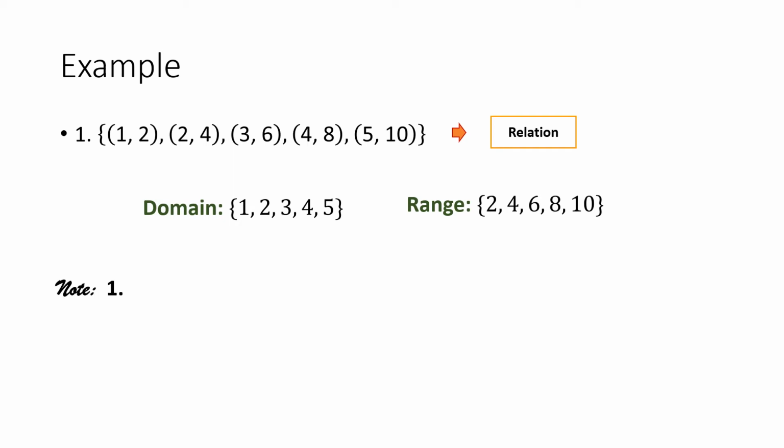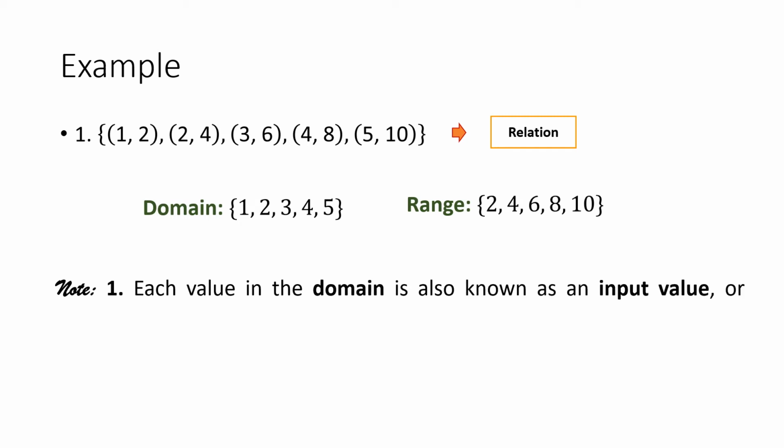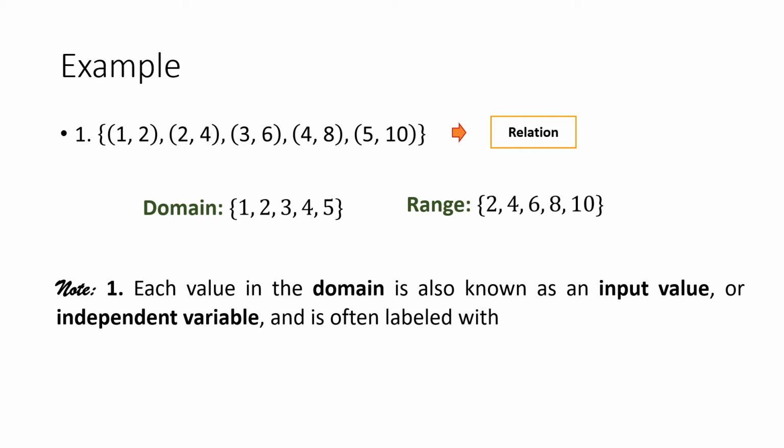We have to take note that each value in the domain is also known as the input value or the independent variable, and is often labeled with the lowercase letter x.